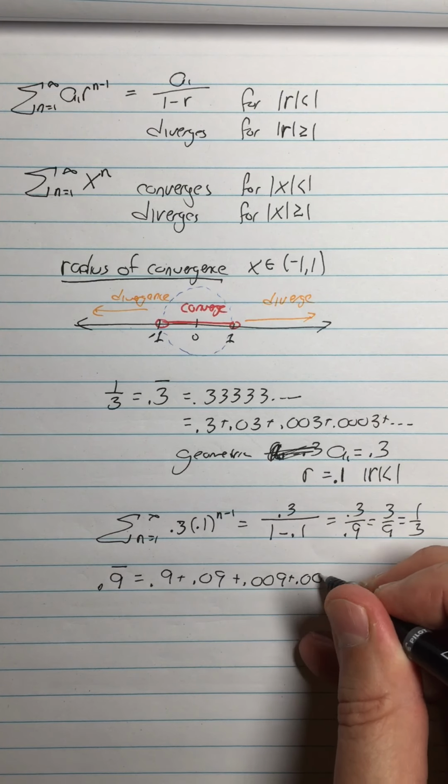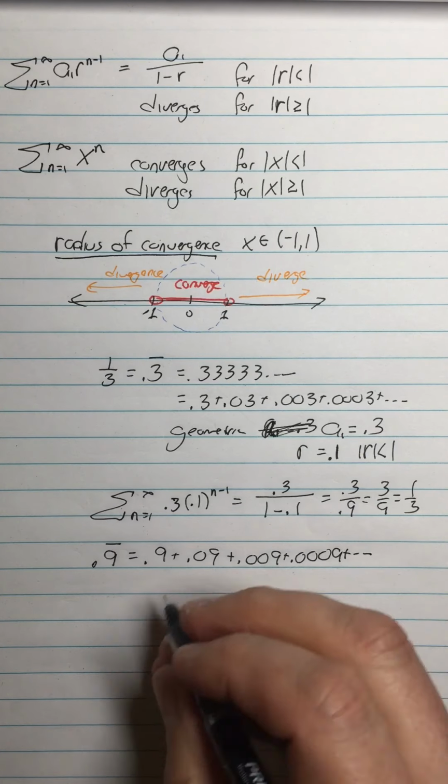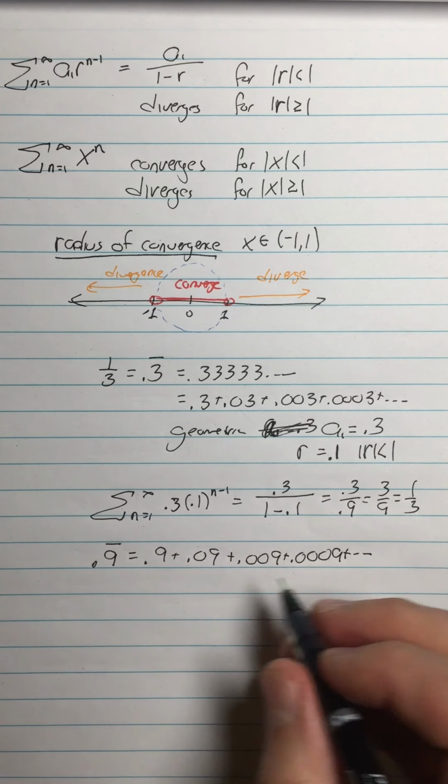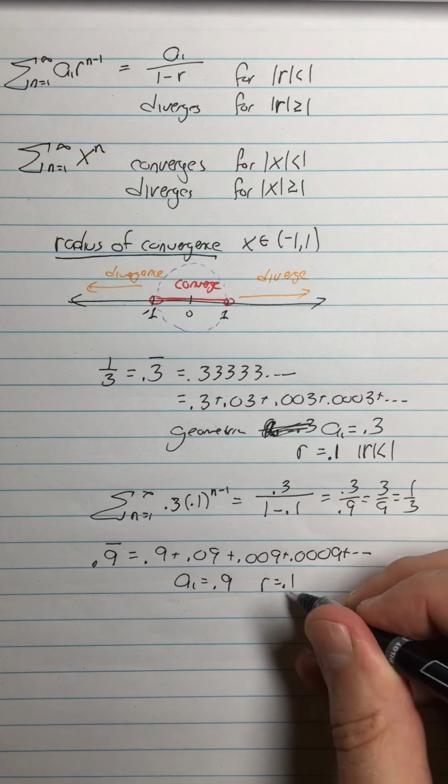So here's this one that people like to argue and fuss over. The a sub 1 equals 0.9, r equals 0.1.